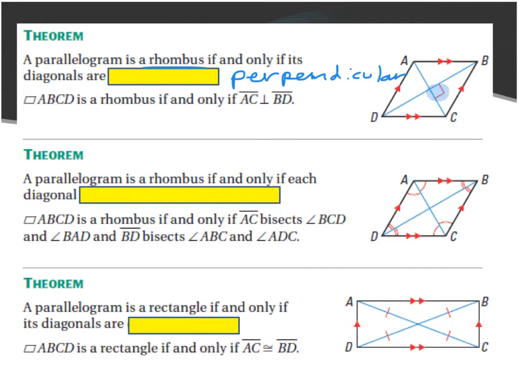Oh, so that's because it made an X. What does perpendicular mean? That they intersect at 90-degree angles.